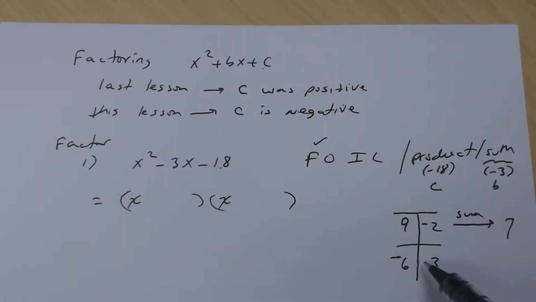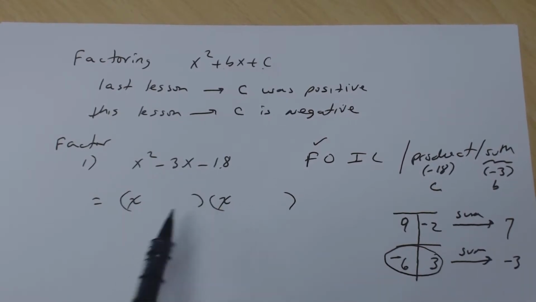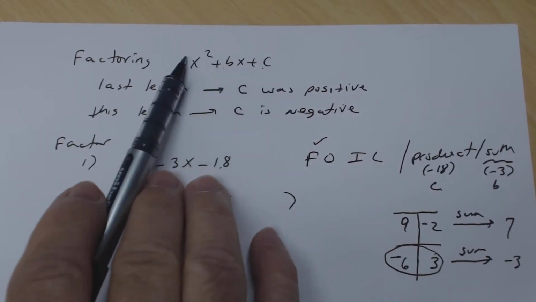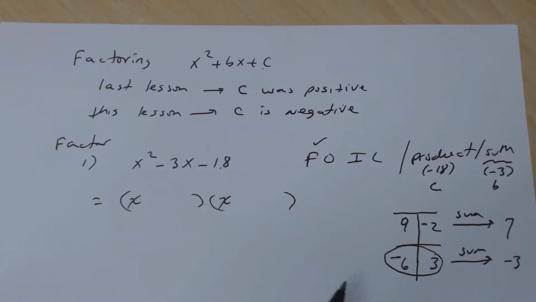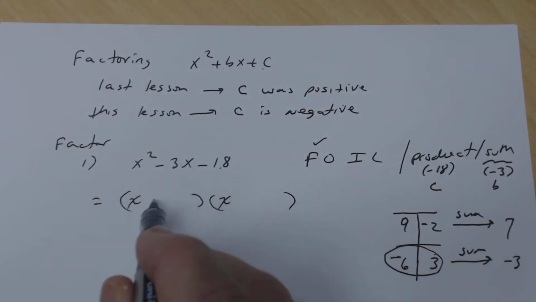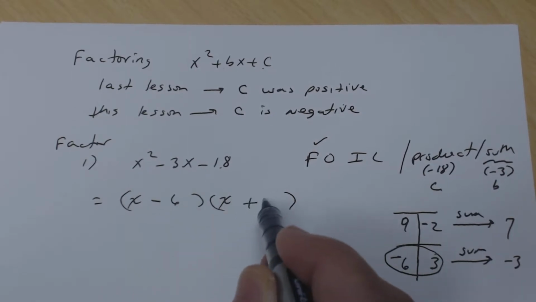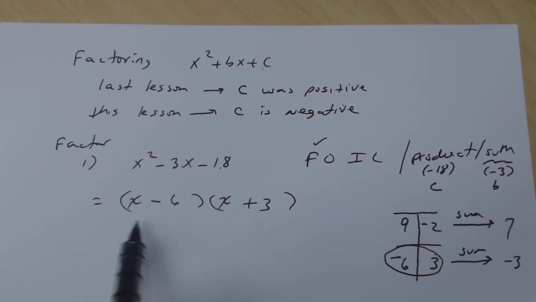And always check yourself. Negative 6 times 3 is negative 18. When you add them up, you do get negative 3. So these are the ones I'm going to use. It does not matter when the coefficient of x squared is 1. It does not matter where you put the negative 6 and where you put the positive 3. So you're going to say x minus 6, x plus 3. All right, and that will be the answer.